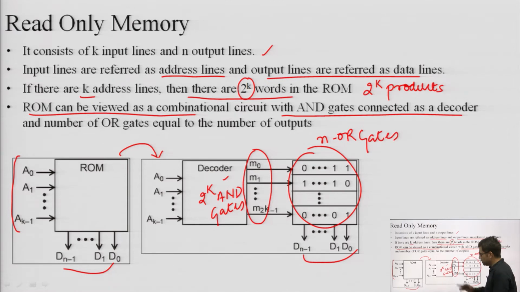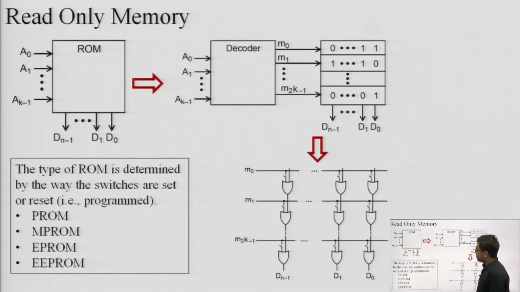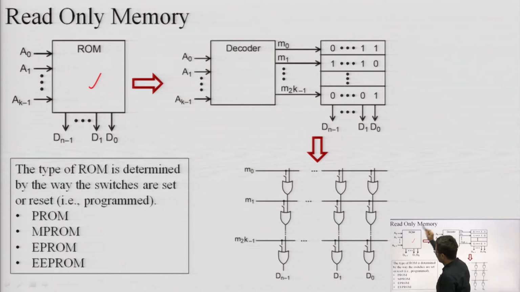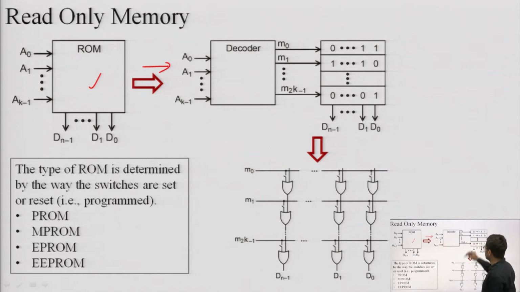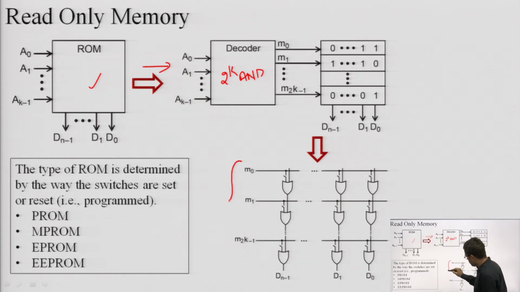This can be seen in the next slide like this. This was the overall picture of the ROM, then we converted this into this picture in which there was a decoder having 2 raised to power k AND gates, and these are my decoder outputs.